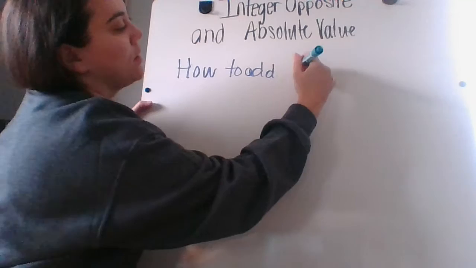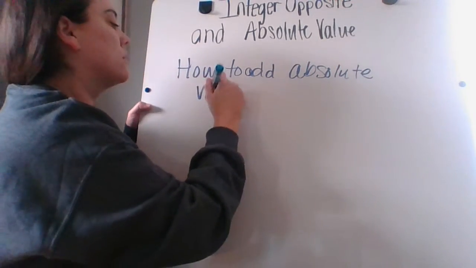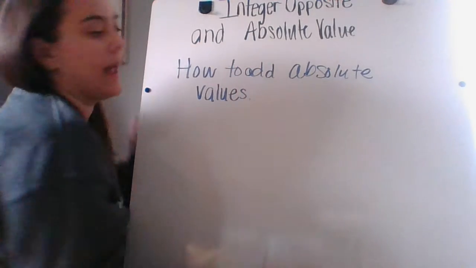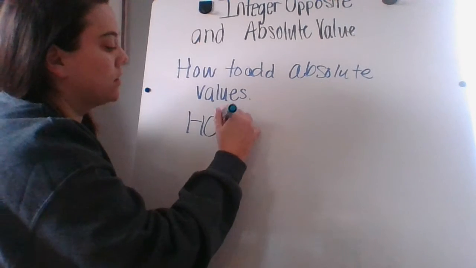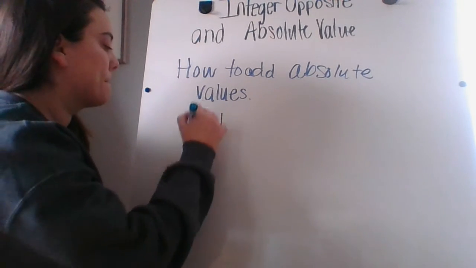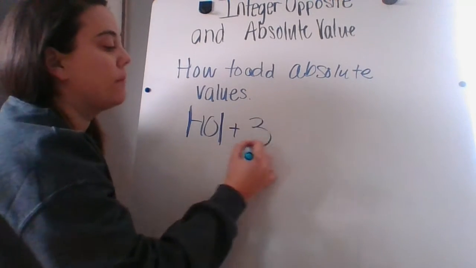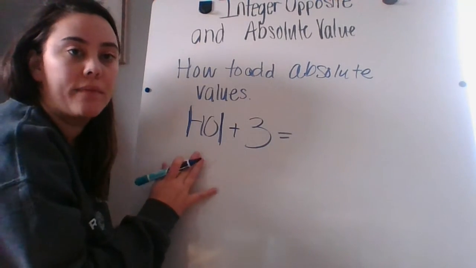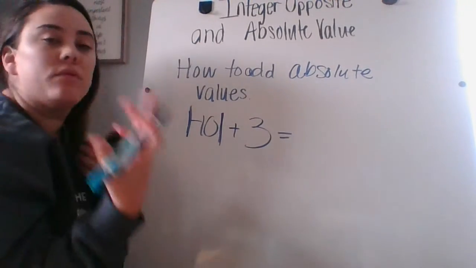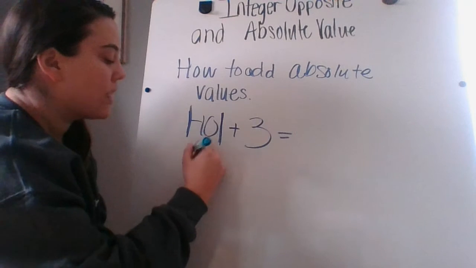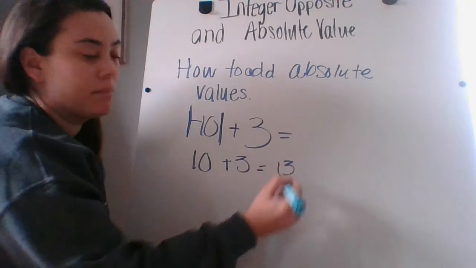If they want me to add, say, the absolute value of -10 plus 3, the first thing I have to do here is say, well, what's the absolute value of -10? Absolute value is always positive. So that means that this is just 10 plus 3, which is 13.